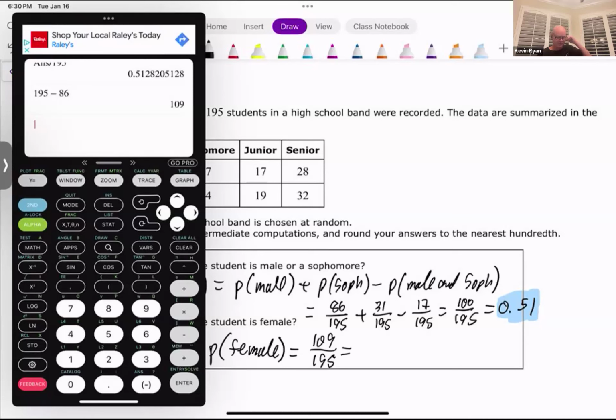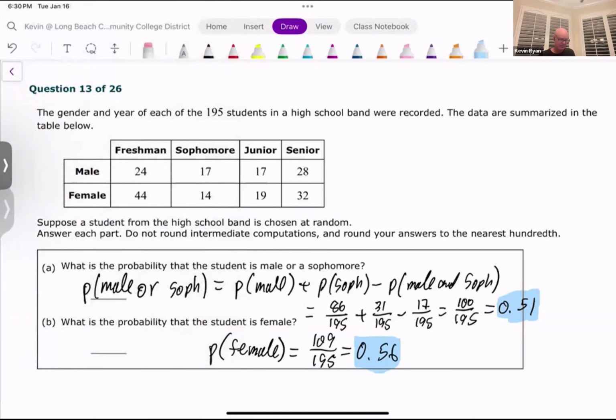So I just did the complement of the male divided by 195. All right.